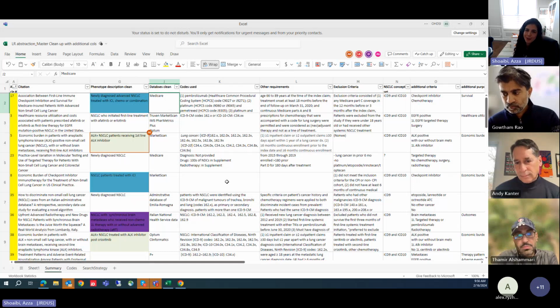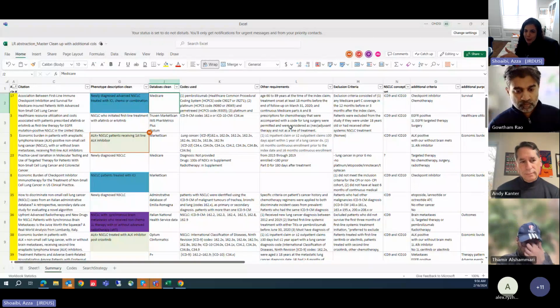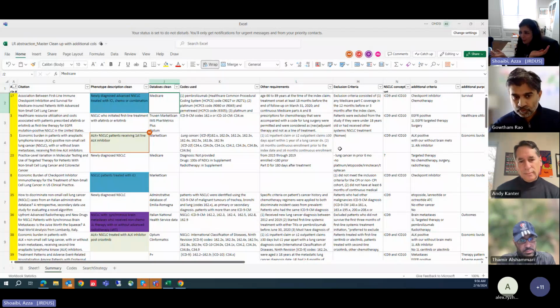There are also some funny things when you do observational research, like the time relationship between when you say that this person started a treatment and you have an inclusion criterion about lung cancer. What are the time boundaries that you're going to put? That is completely inconsistent. Some people say all-time prior, all-time post.